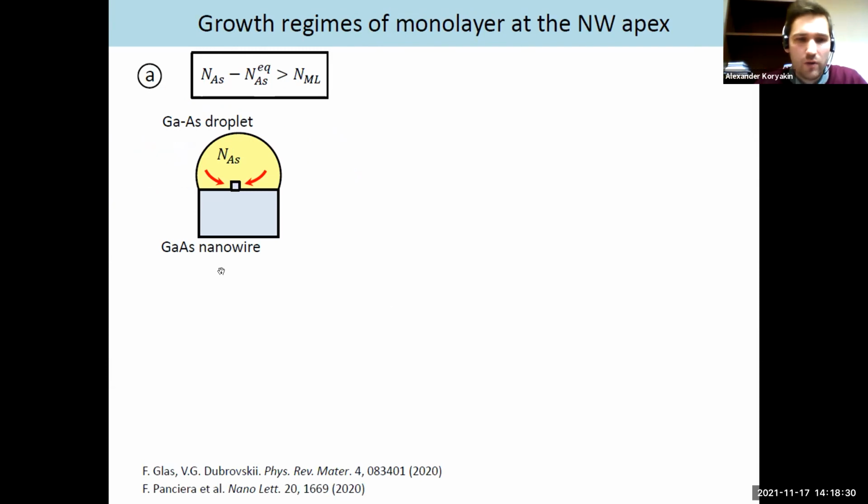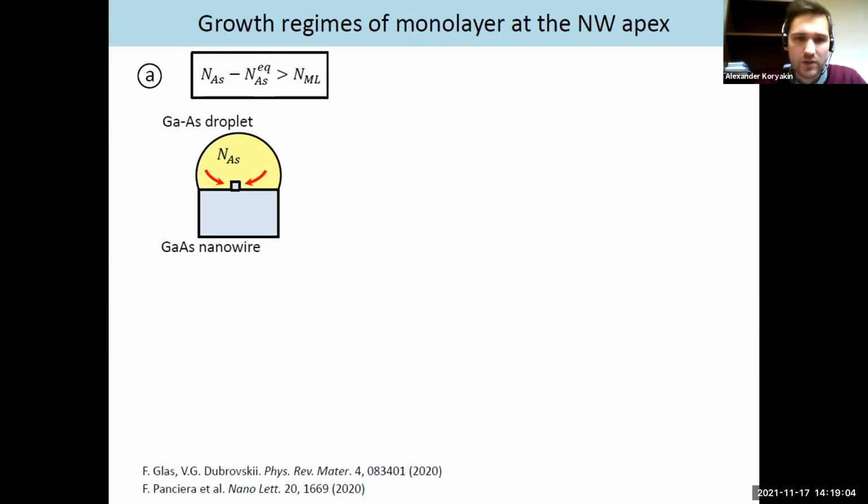Let me talk now about gallium arsenide nanowire growth. Here you can see a schematic illustration of the system. We have a gallium arsenide nanowire with a gallium droplet at the top, and due to low solubility of arsenic in the droplet and due to the small diameter of the droplet, we have an interesting effect. The amount of arsenic in the droplet may not be enough to form a whole monolayer.